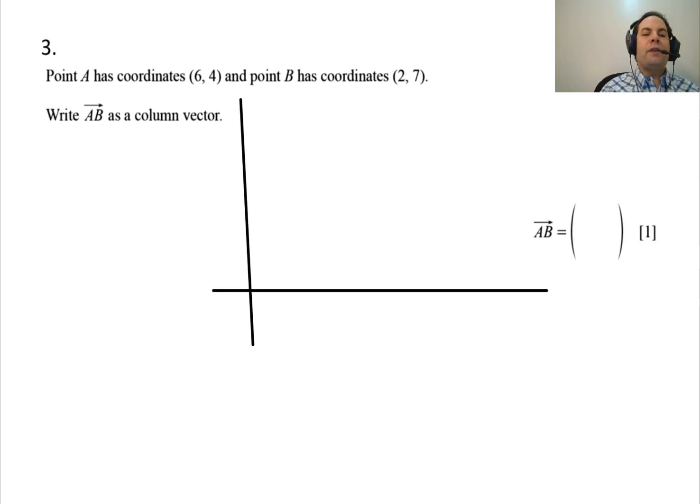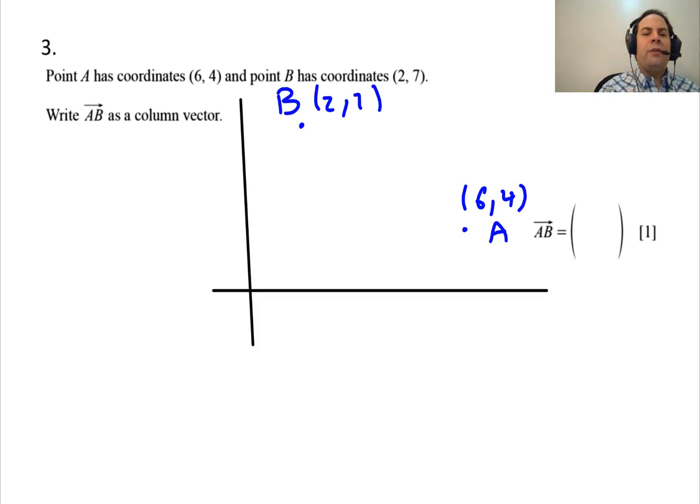If you plot the first point A, 6 and 4, this is the point A, and point B is 2 and 7, this point here, point B.